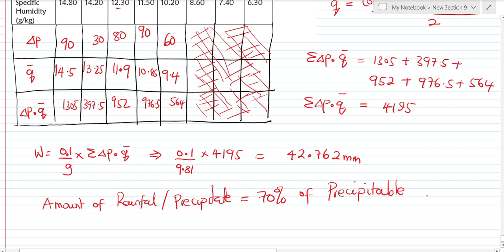In simple terms, it's going to be 70 over 100 times 42.762. Let me use my calculator. And that is going to give us 29.933 millimeters.